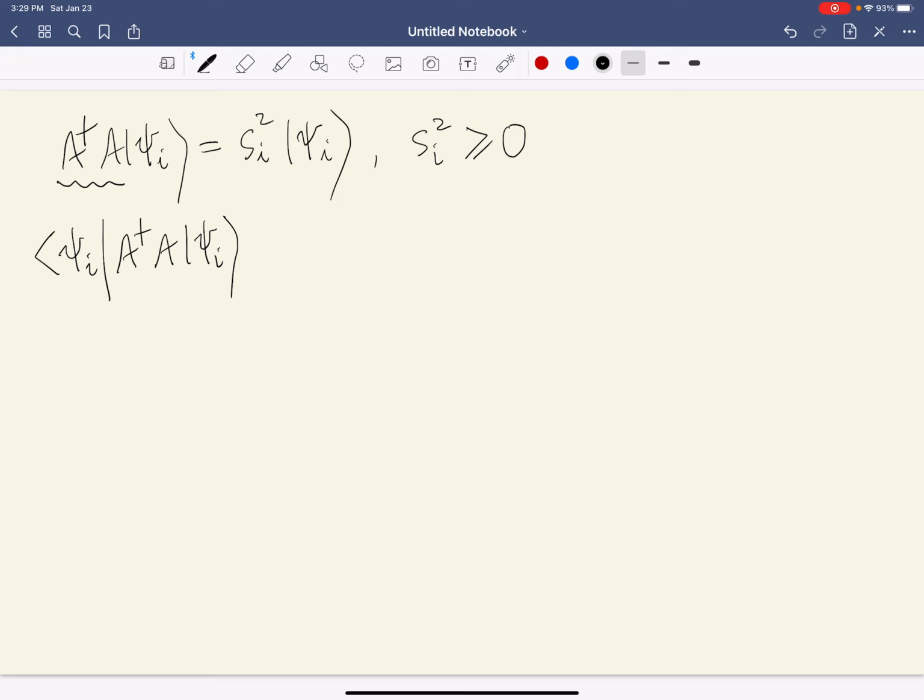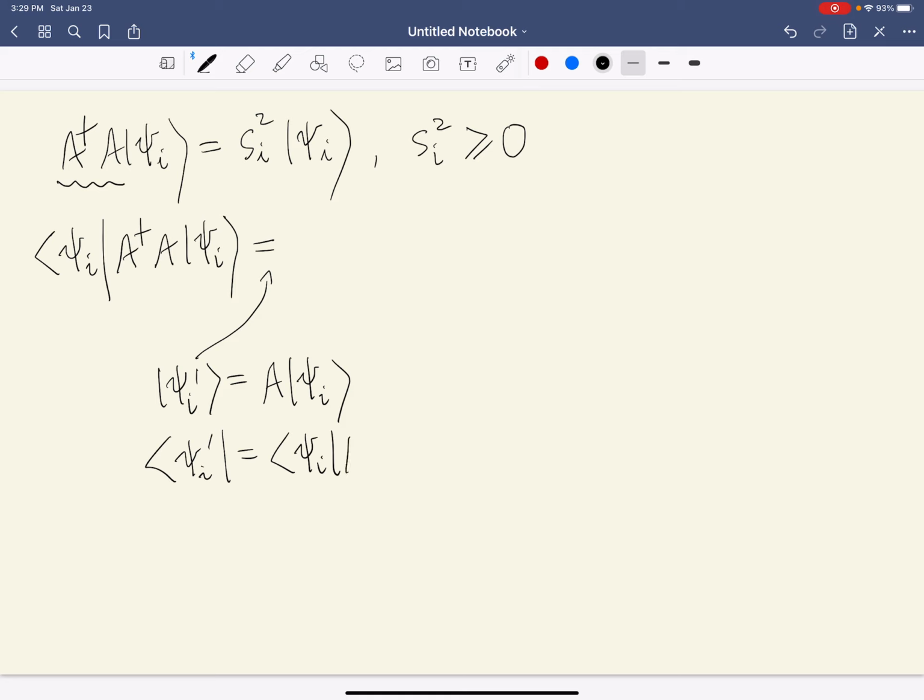However, if we define this new vector psi_i prime as the A matrix acting on this eigenvector psi_i, then its conjugate psi_i prime is this one, followed by an A dagger.